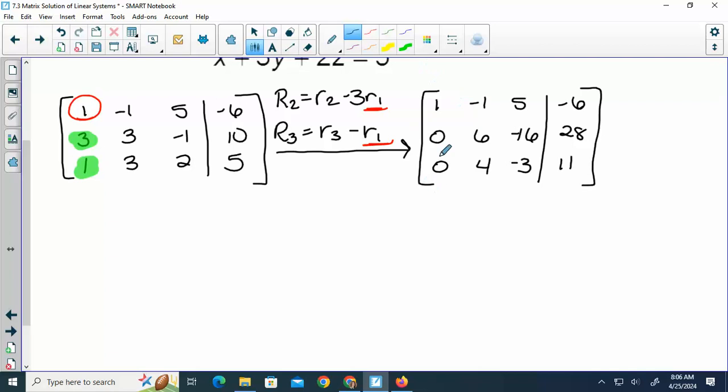Now, column 1 is done. So what's the next thing we need? Row 2, column 2, that has to be a 1. What's the easiest way, never fail method of getting a 1? So I am only changing the second row here.